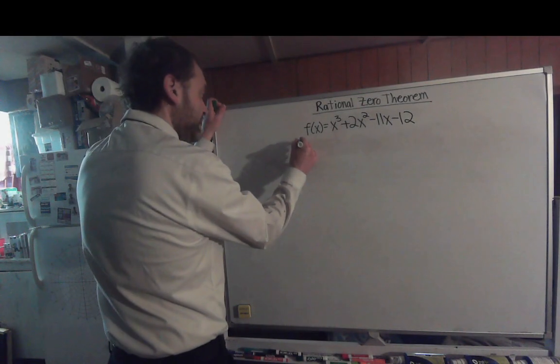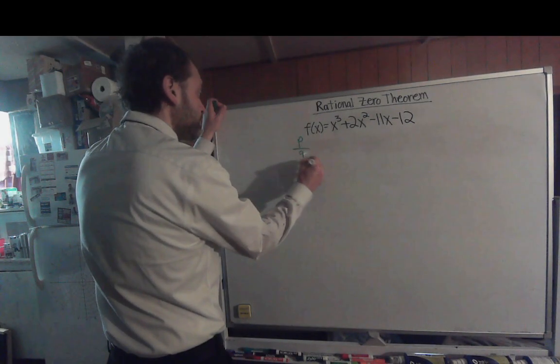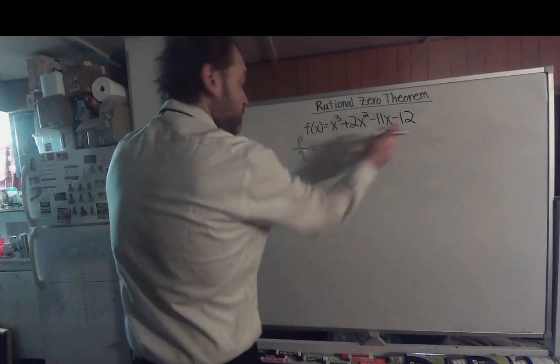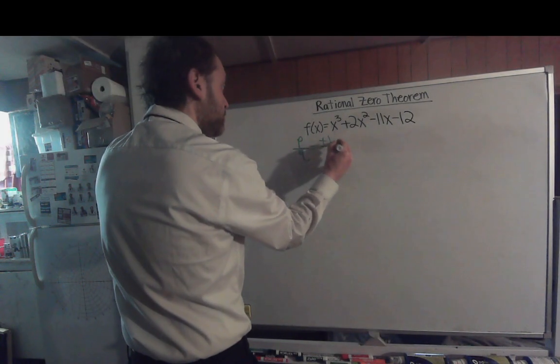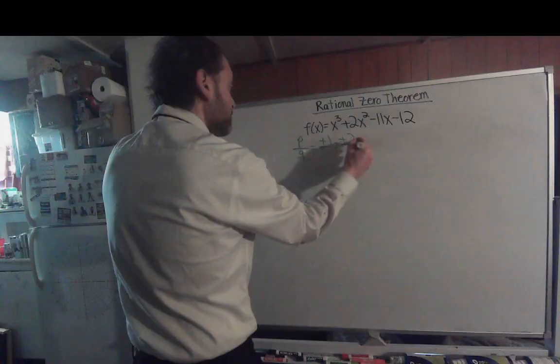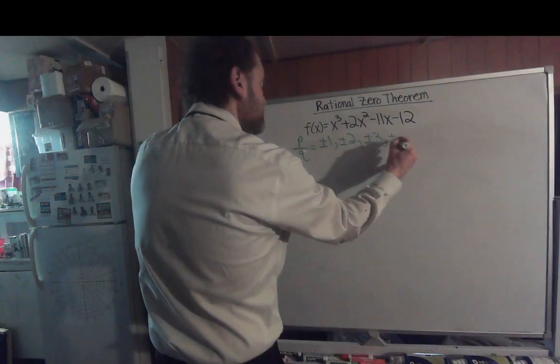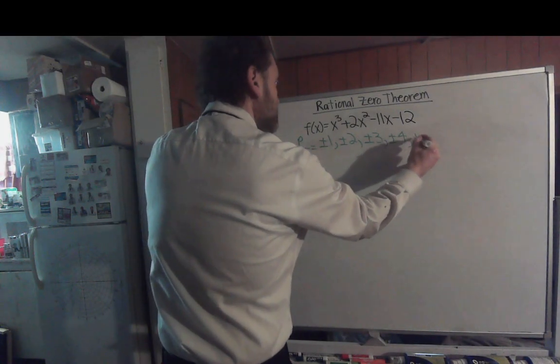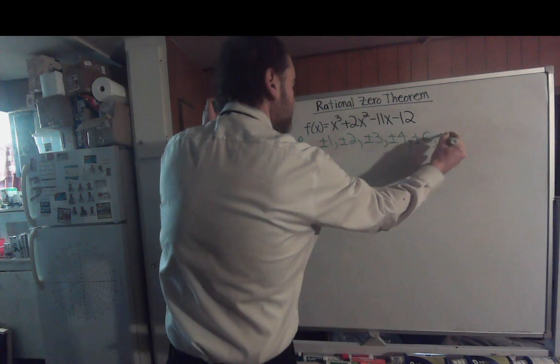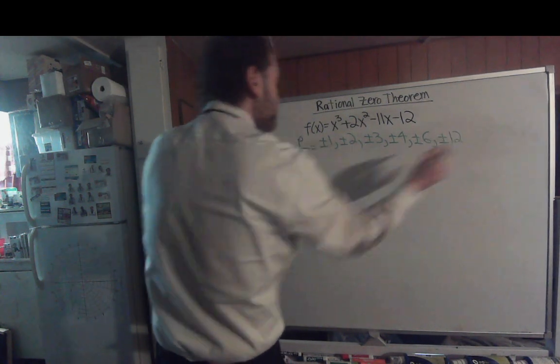So take your p over q, which factors of 12 are, well, plus and minus 1, plus and minus 2, plus and minus 3, plus and minus 4, plus and minus 6, and then plus and minus 12, right?